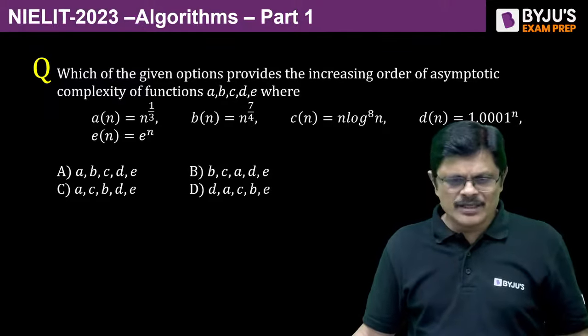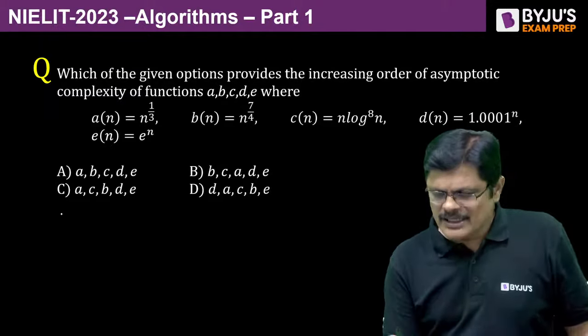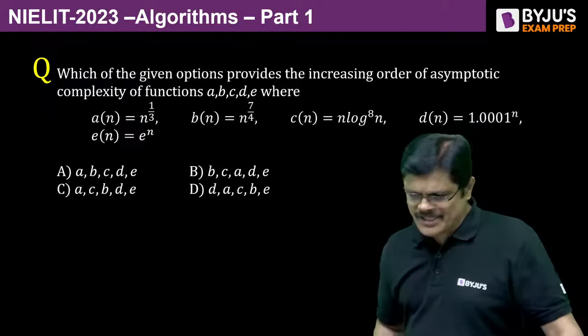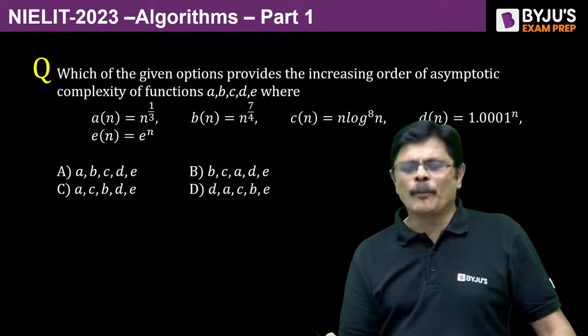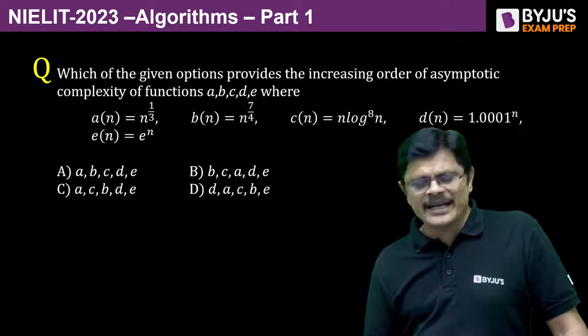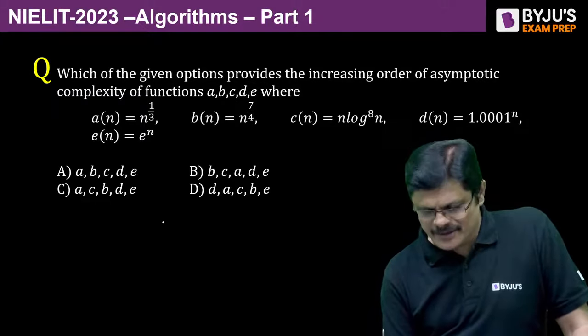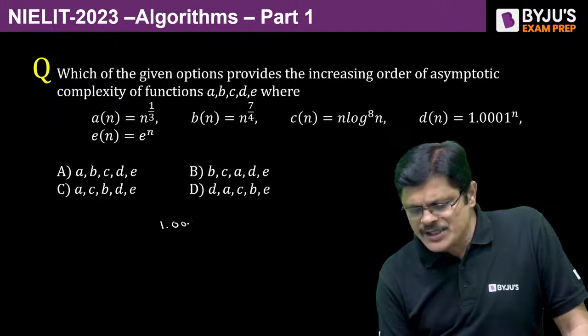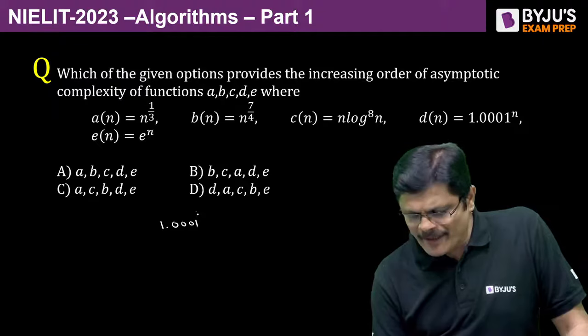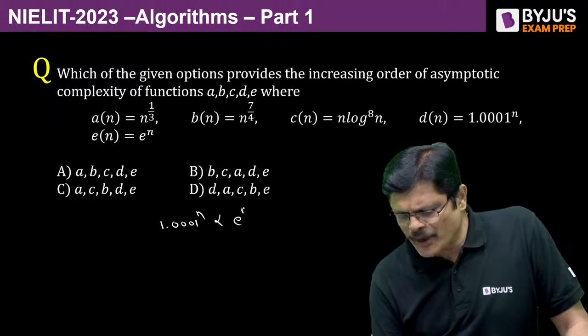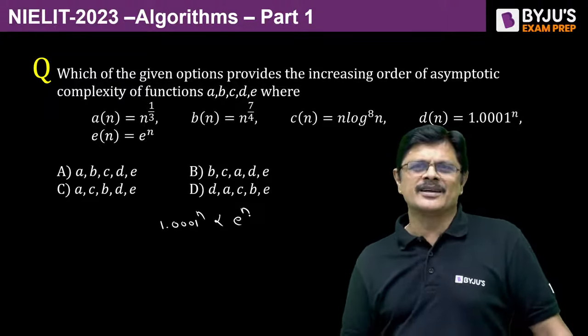No one is answering. See here, one thing which we need to understand is, if you observe 1.0001^n and e^n, obviously 1.0001^n is smaller than e^n, because e is 2 point something.